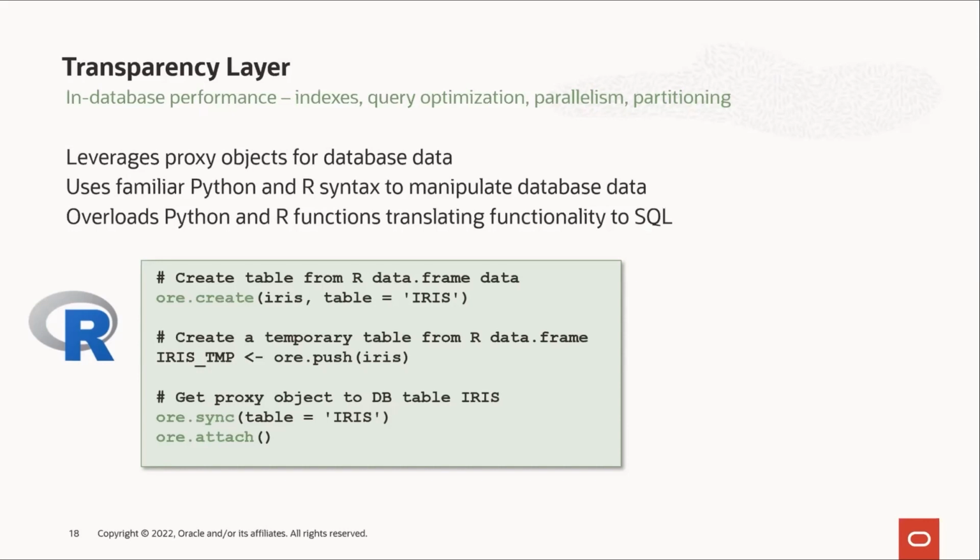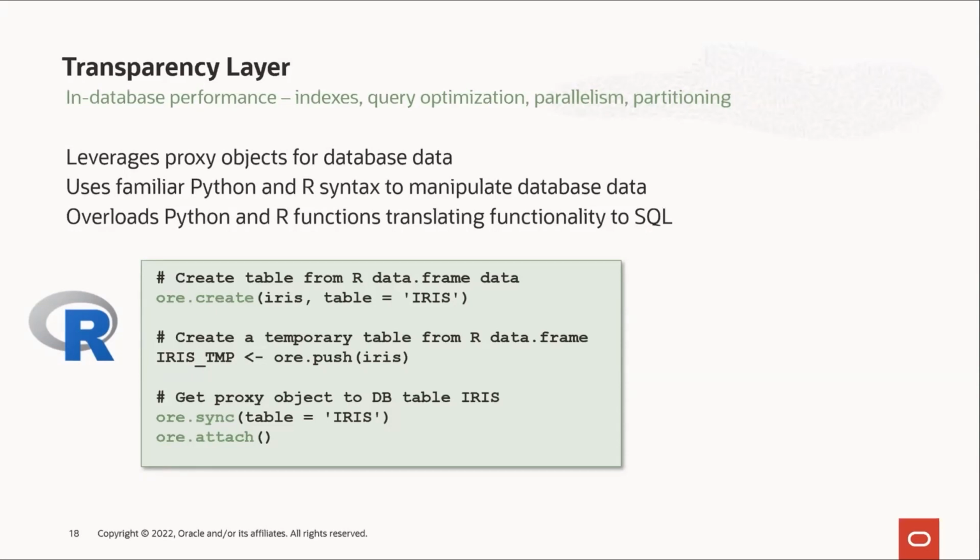There are several ways to get proxy objects. We can create a table from an R data frame using ORE create. We specify here the data frame iris and the table name that we want to use. To create a temporary table that's automatically reclaimed when the database connection ends, we can use ORE push.